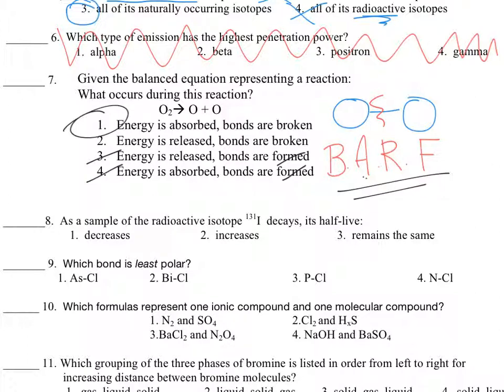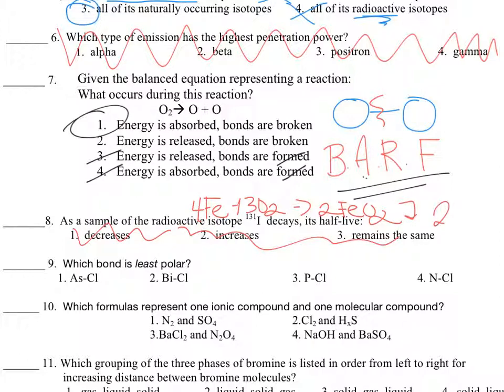So your number 8 is 4Fe plus 3O2 yielding 2FeO2, and you are determining what type of reaction this is. So this isn't quite correct, but the type of reaction that this is going to be number 2, which is the synthesis. Hopefully that is not one that you were struggling with.